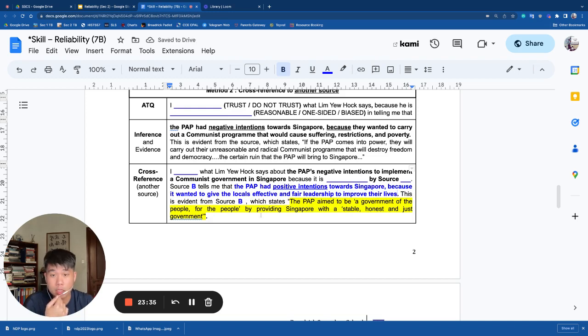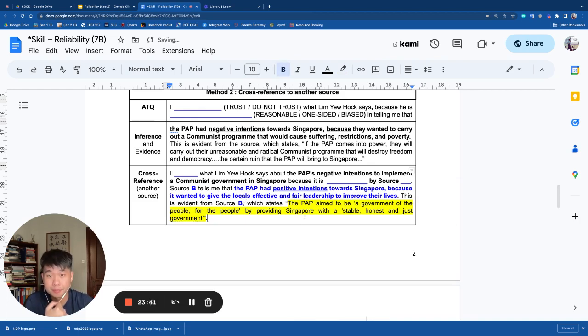That is the inference I would take away from source B. Positive intentions, effective leadership, improve locals' lives.